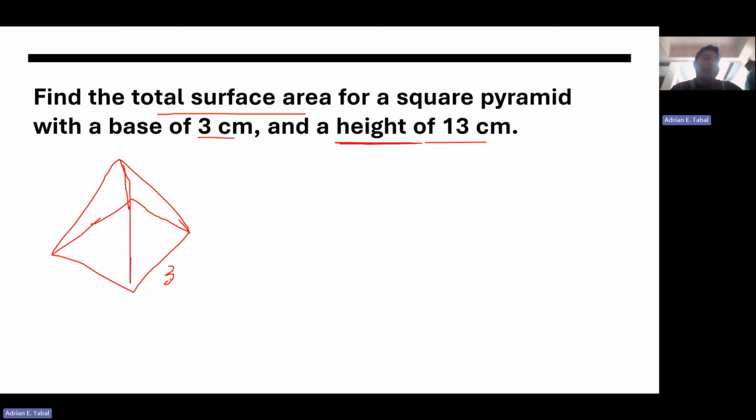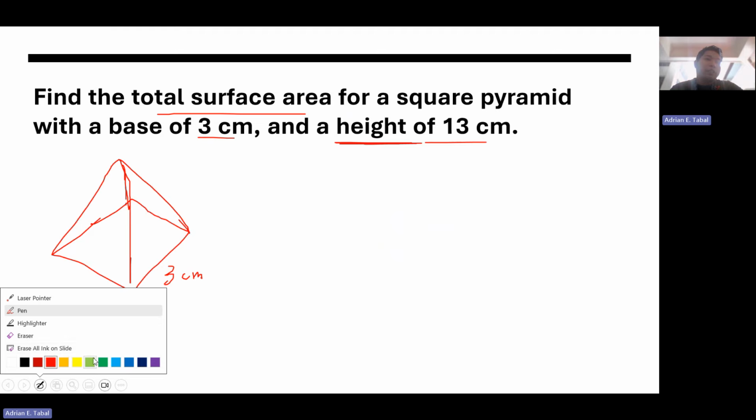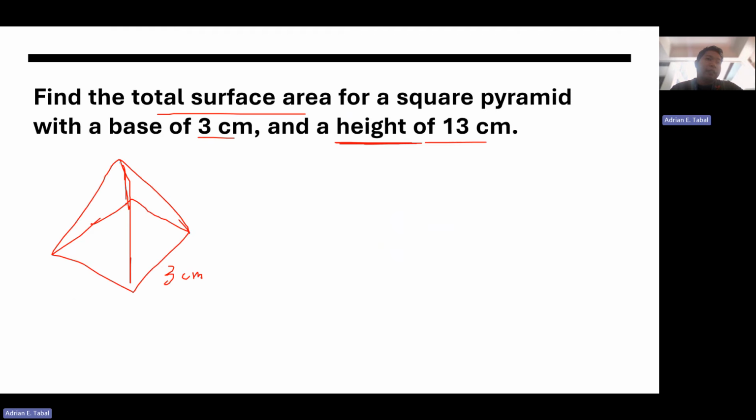We have the base of 3 cm, but we don't have a slant height. This is the height. The height is 13 cm.